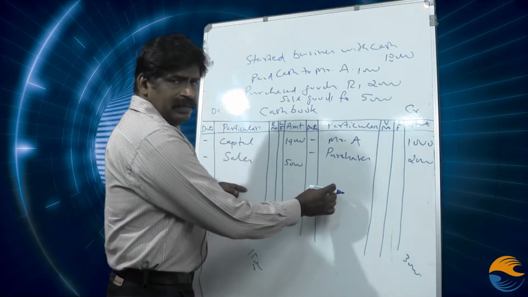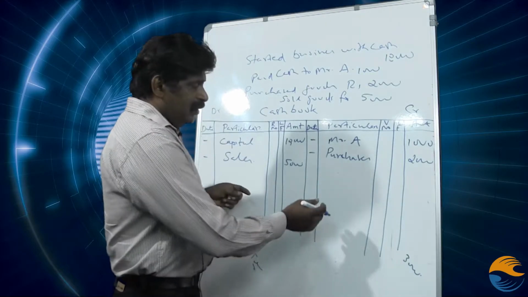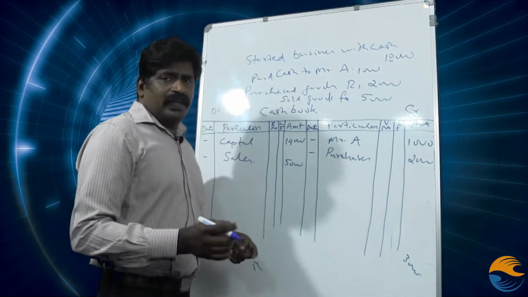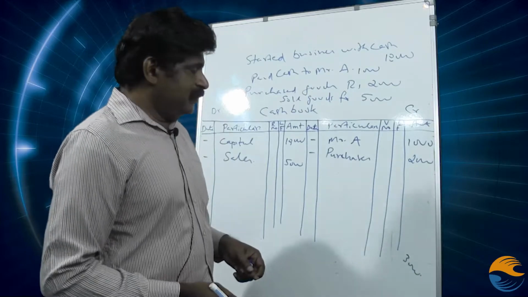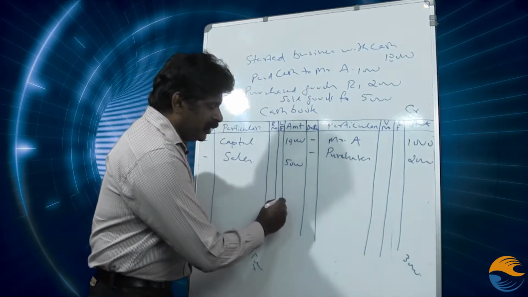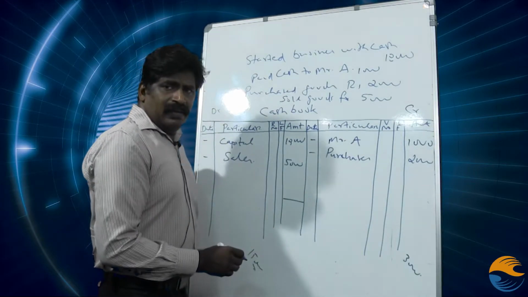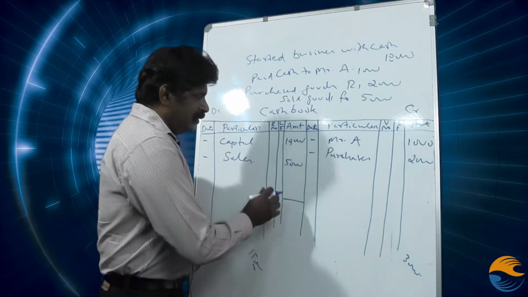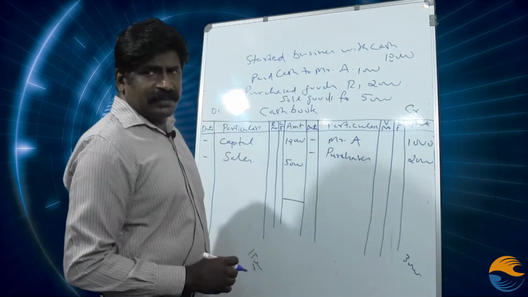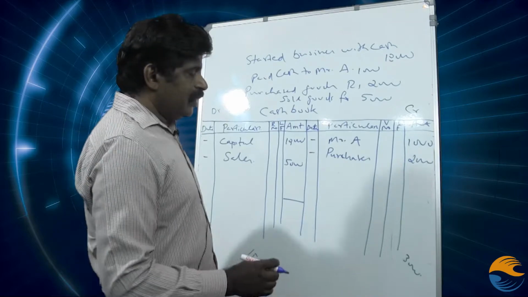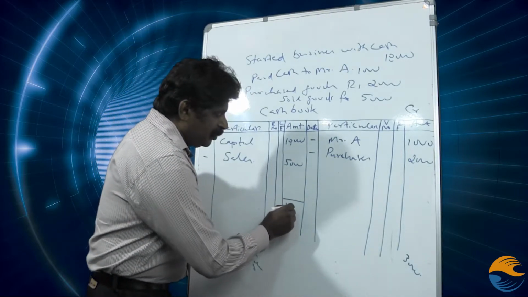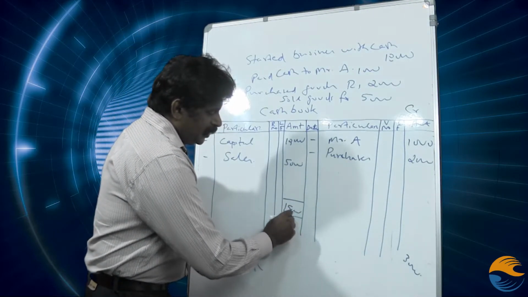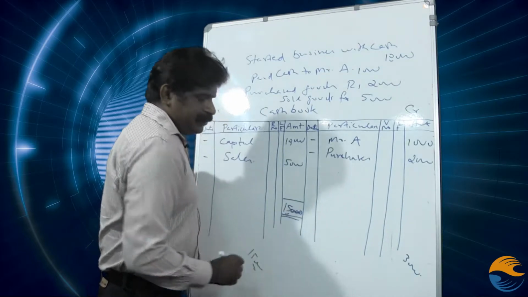After leaving space to write two or three items, we have to write the total on the highest side. Here the debit side is the highest side, so we are writing the total on the debit side. It is 15,000.